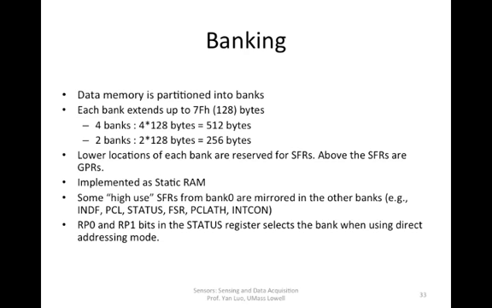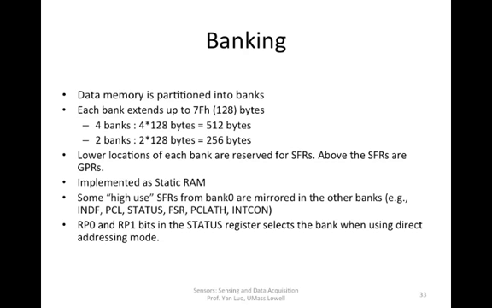An important concept in PIC microcontroller is called banking. This is talking about data memory. We partition the data memory into different banks, and each bank has 128 registers. And when you want to operate on either SFR or GPR within a bank, you have to first select that bank.